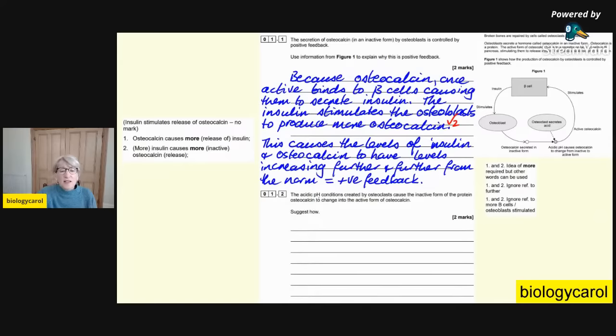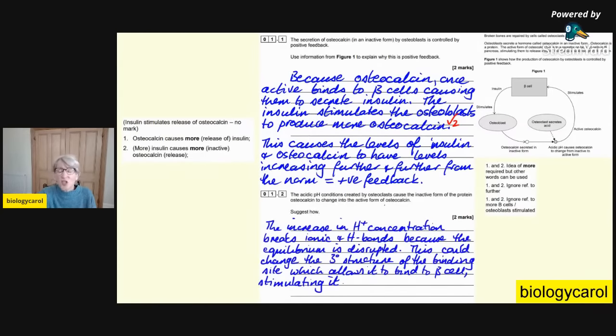Here. The acidic pH conditions created by the osteoclast cause the inactive form of the protein osteocalcin to change into the active form. Suggest how. So I basically said that if there was an increase in hydrogen ions, I went back to my protein and enzyme knowledge, said that an increase in hydrogen ions would break those ionic and hydrogen bonds, because that equilibrium of hydrogen ions has been disrupted.